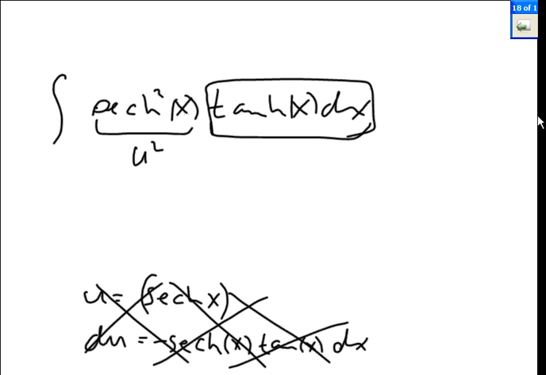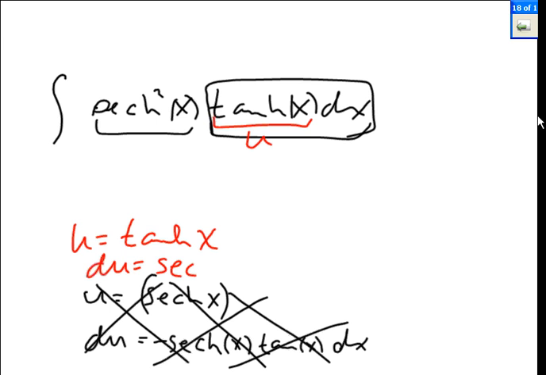But you know what? If you let the other piece be u, if u was hyperbolic tangent of x, well then du would be secant hyperbolic squared of x dx. I must make sure that there's no minus on there.